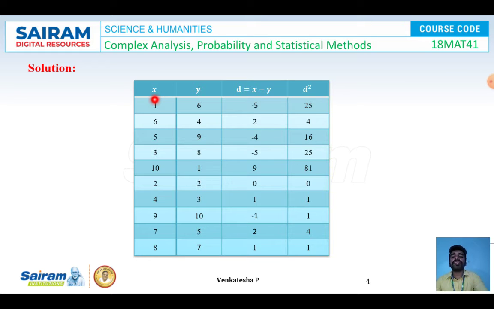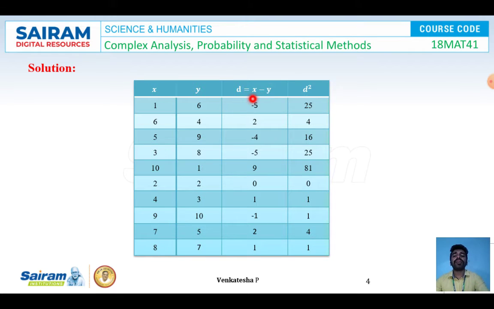So the rank by judge 1 is 1, 6, 5, 3, 10, 2, 4, 9, 7, 8, and rank by judge 2 is 6, 4, 9, 8, 1, 2, 3, 10, 5, 7. So now I am going to find the difference between two ranks. I am going to subtract the two ranks to find the value of the difference d.